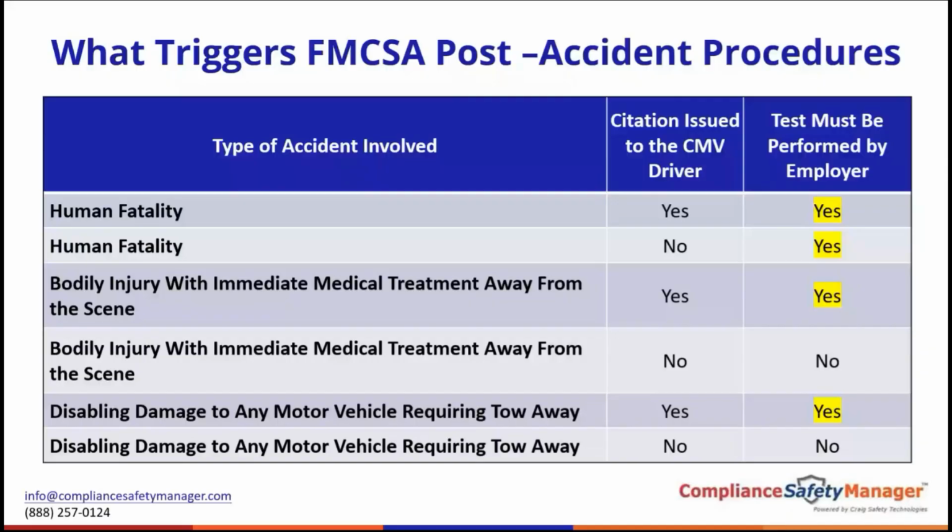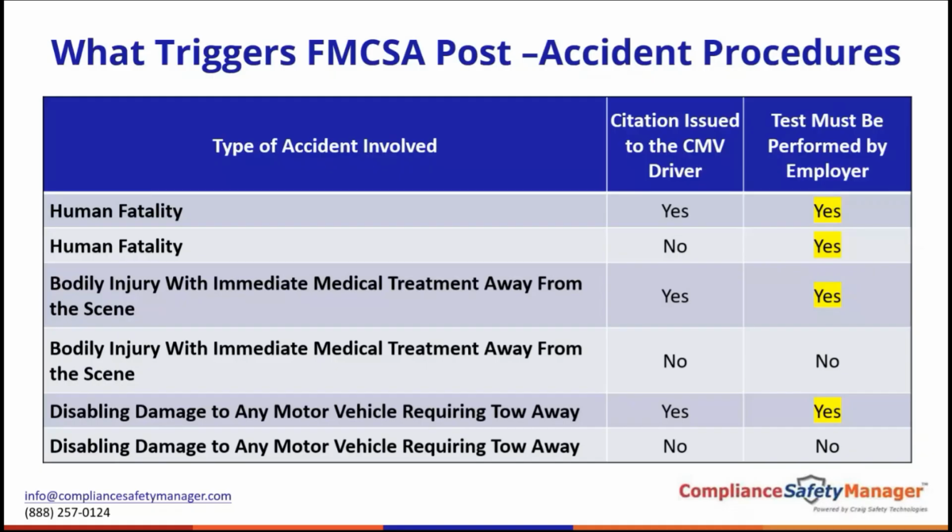So let's start by defining when FMCSA post-accident drug and alcohol tests are required. There are two main elements to consider: one, the type of accident, and two, was there a citation issued to the driver? We've got a chart here to help you.